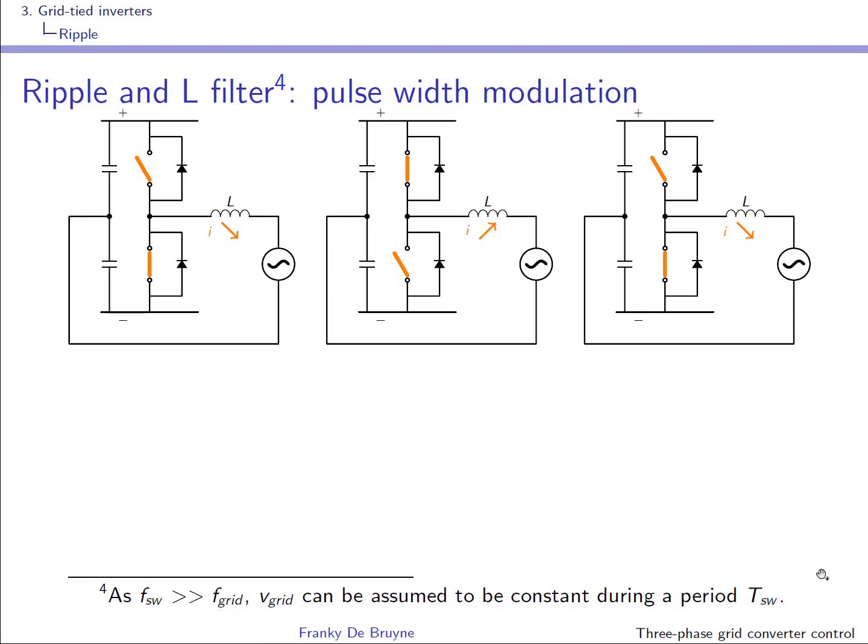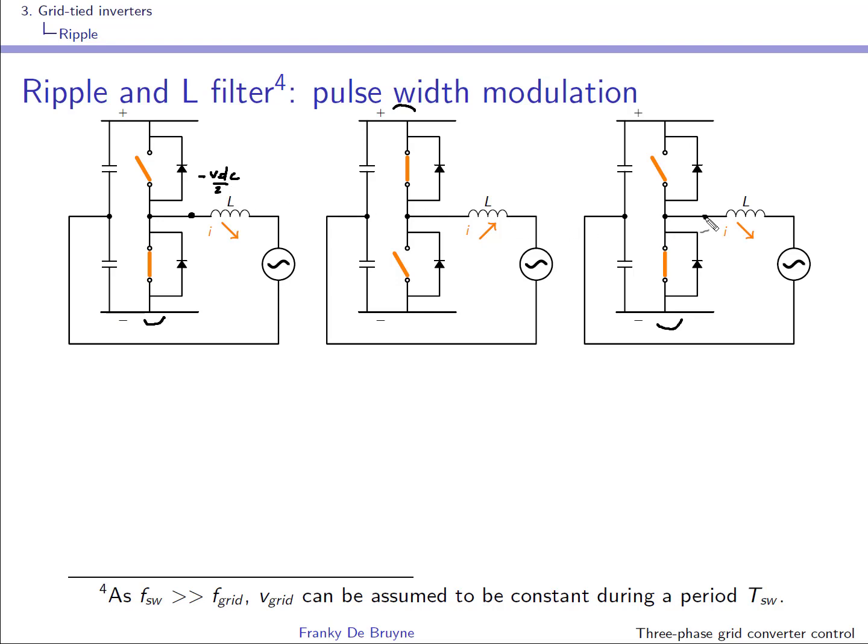Well, here you have three situations where respectively first the bottom transistor is conducting, then the top transistor is conducting, and then again the bottom transistor is conducting. When the bottom transistor is conducting, this point here is connected to the minus terminal of the DC bus, so the voltage over here is minus VDC over 2.